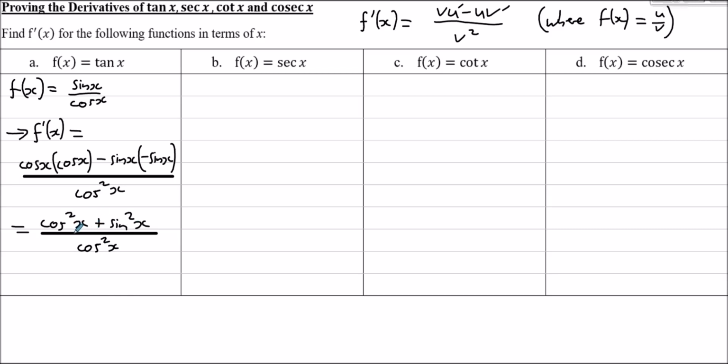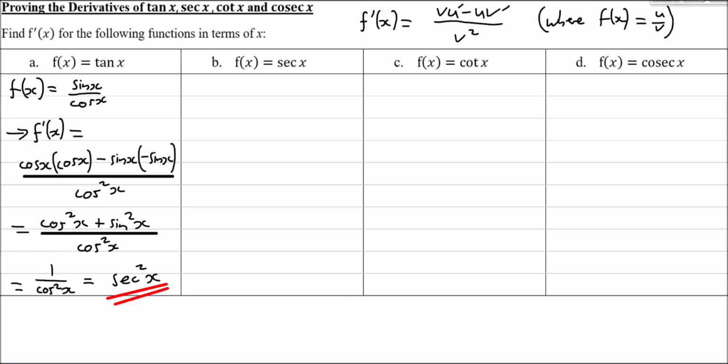Sine squared plus cos squared always equals 1, as does cos squared plus sine squared, of course. So this is the same as 1 over cos squared x, and 1 over cos, if you remember, that's defined as sec, so 1 over cos squared is sec squared x. So in other words, the derivative of tan x is sec squared x, or sec x squared.